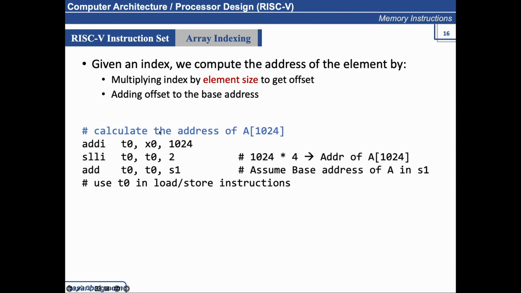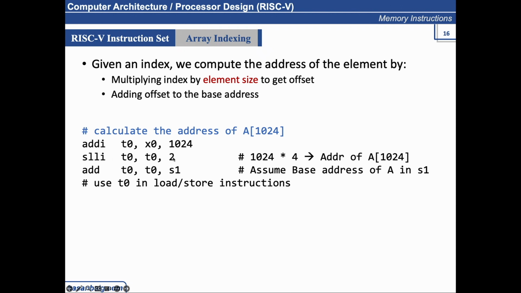So here, if we have to calculate the address of A1024, first of all, this is the base address. Assume that 1024 we are initializing into a variable t0, temporary variable 0. Now we can multiply this constant value by 4 with the help of this instruction.